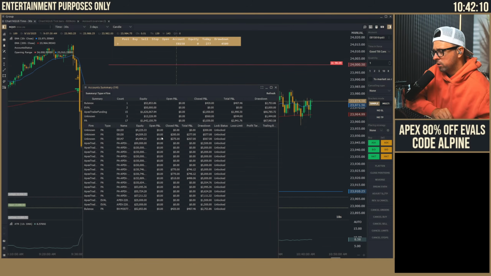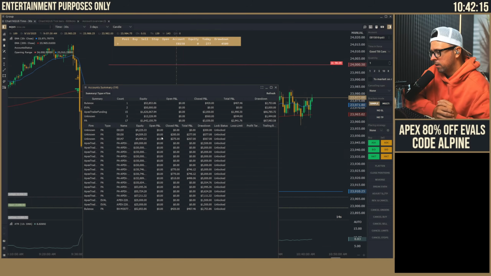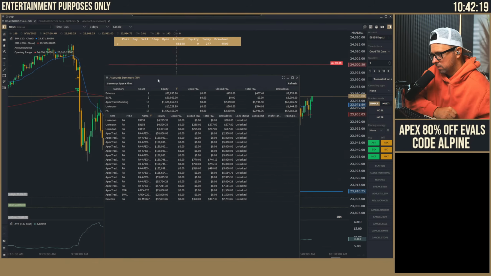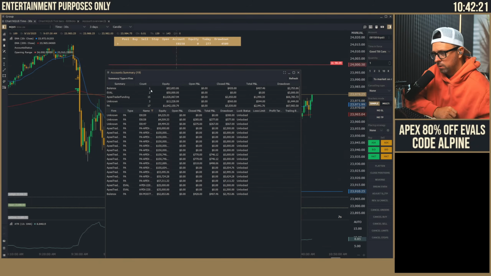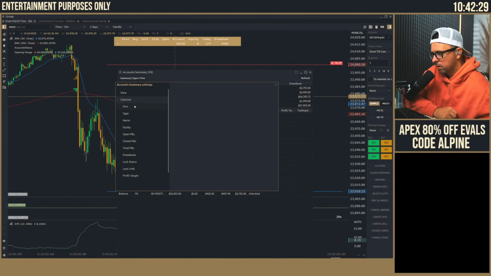All right, so this is what it looks like stock. And then you have to customize it the way I did on my previous PC. I just got to go to settings, columns. All right, so firm, it's the same. I think we just got to make bigger fonts for everything. I hope I can make bigger fonts.